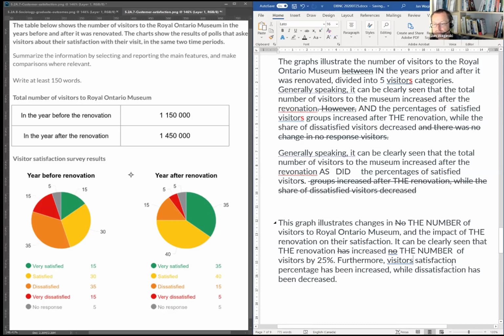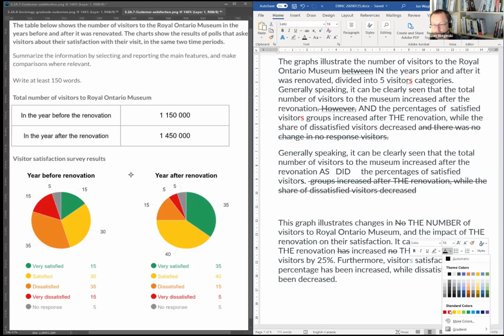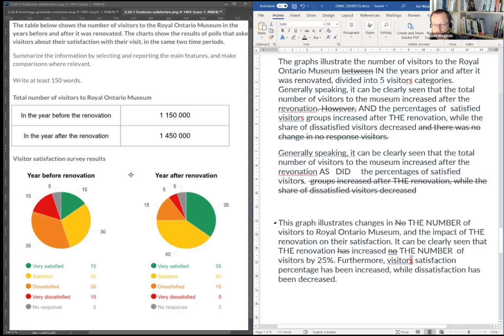Okay. Because it's visitor satisfaction, visitor, even though it's a noun, it's functioning here as an adjective, because you're talking about visitor satisfaction, not visitors, right? So satisfaction is the main noun. Visitor is functioning like a modifier, like an adjective, and we don't pluralize modifiers.